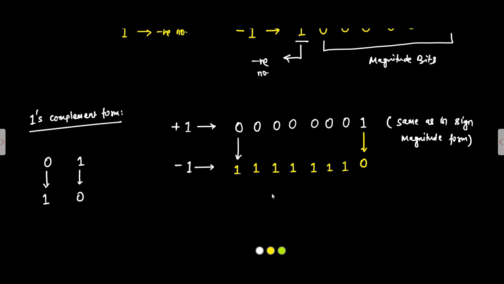This is the 1s complement representation of -1, this one. Zeros are changed to ones, 1 is changed to 0. Then the 2s complement form.